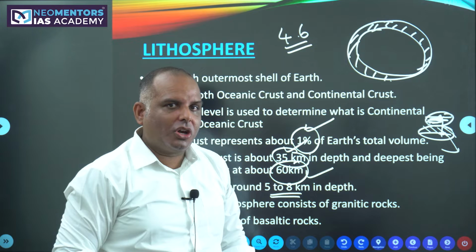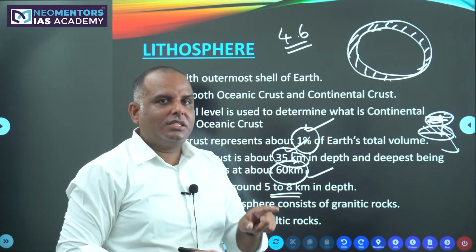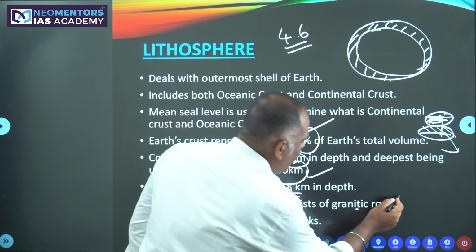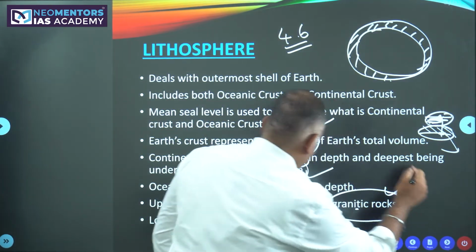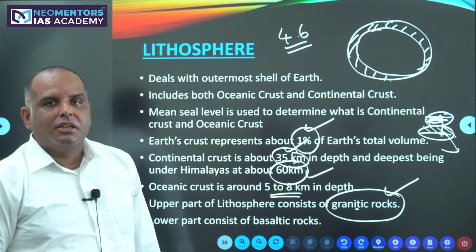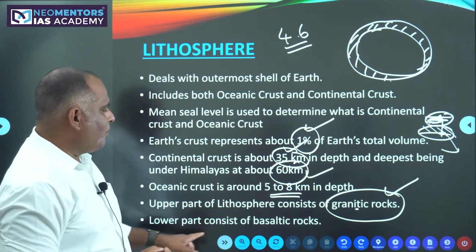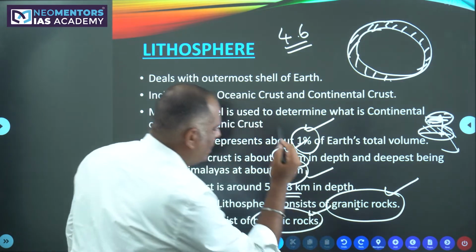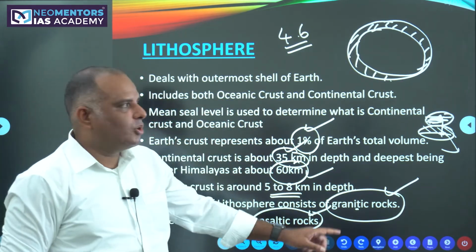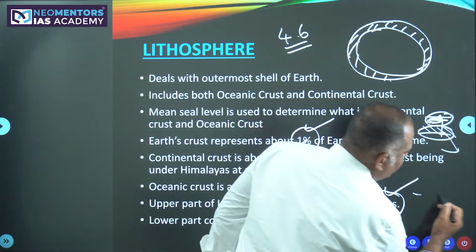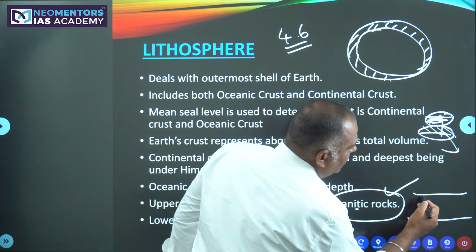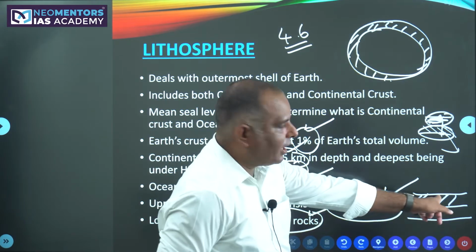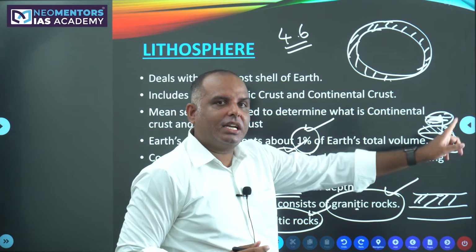So that's why the majority of the continental crust consists of granitic rocks. So you will find more of granitic rocks in the continental crust, right? Again, the lower part consists of basaltic rocks. So in a continental crust, the top part will be of granitic rocks.